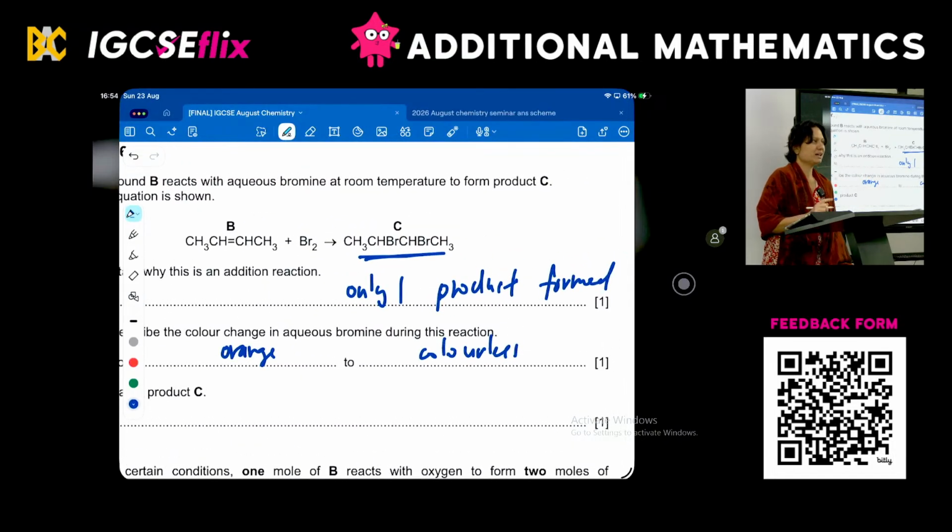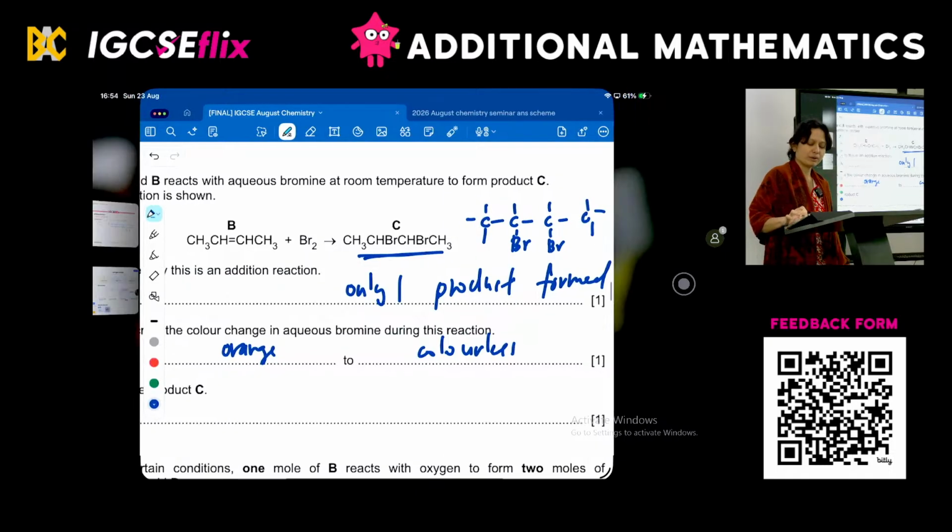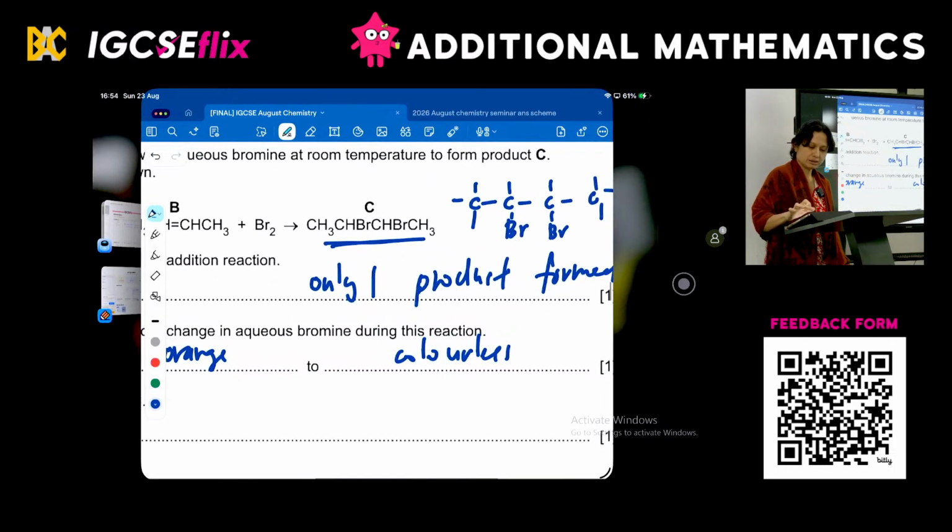Maybe you're like, teacher, I cannot, I have to draw it out. So, CH3, CHBr, CHBr, CH3. Oh, now I know how it looks like.